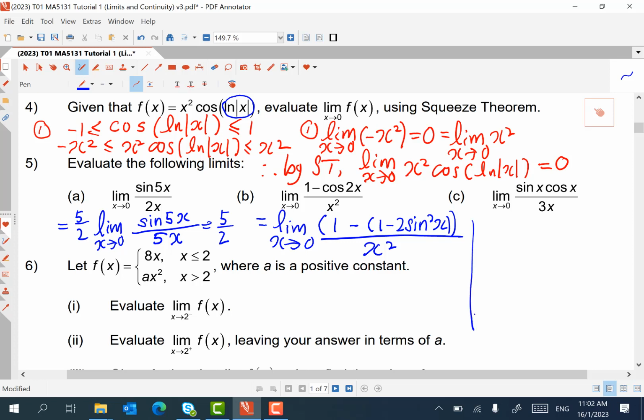For part C, Kaiwen, you have something to say about 5C, is it? Brandon, 5C, how do you do it? Double angle formula, is it? Yeah.